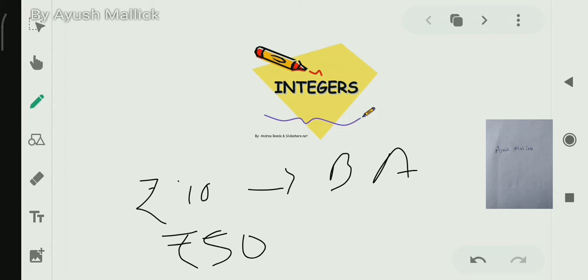So if I see my bank account status, what would it show? I had 10 rupees before, and now I have spent 50 rupees. So in a way 10 rupees has gone from my real bank account, and the 40 rupees that I spent extra would be given by the bank.